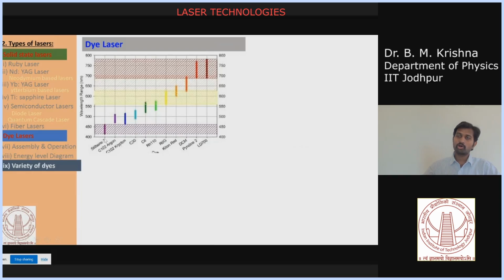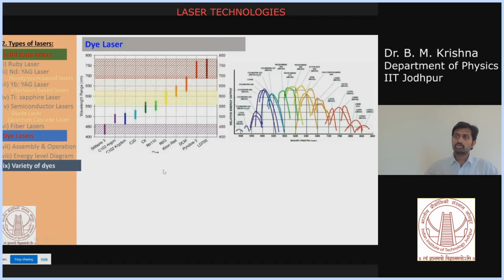This dye molecule gives lasing action or tunability from 400 to 450, and similarly different dyes can cover up to 800 nanometers or close to 800 nanometers. Okay, so this is the tunability of dye lasers. Whatever wavelength of laser you want, you can choose certain dyes.